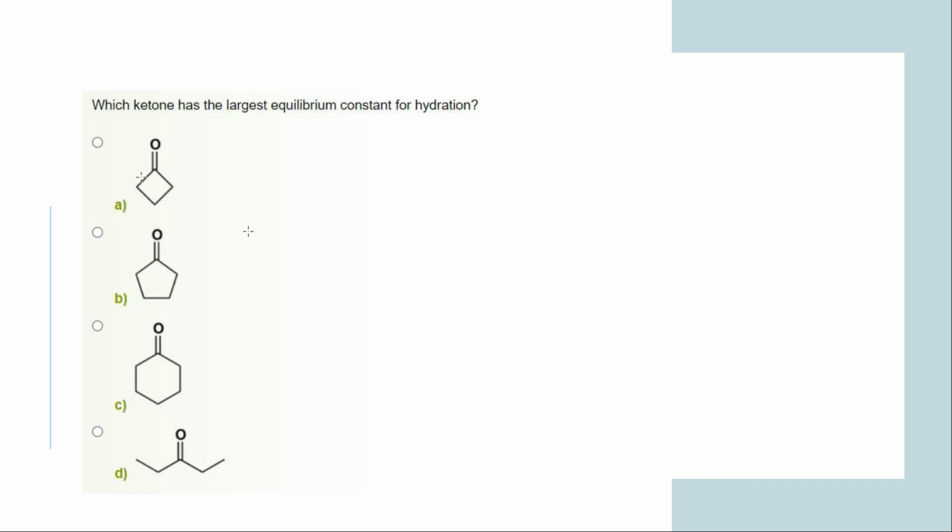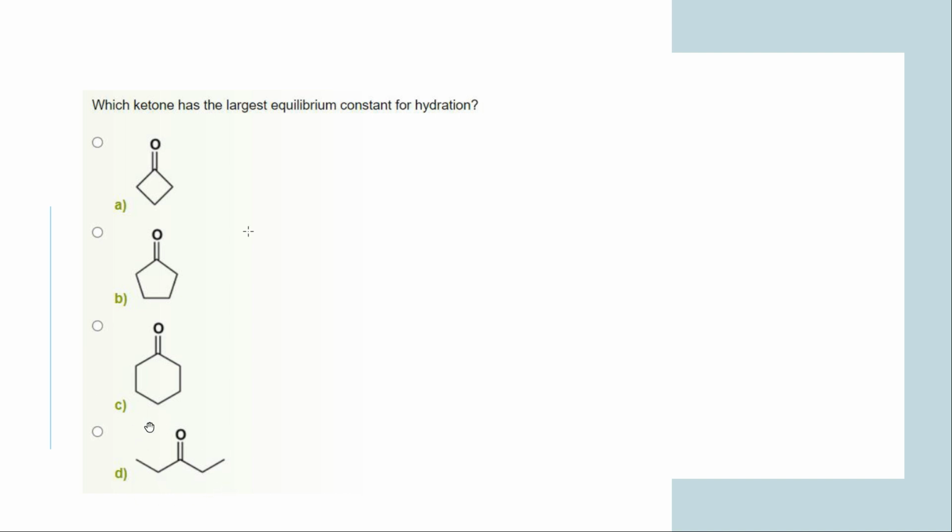Thereby, when these three cyclic compounds undergo hydration, upon changing this carbon from sp2 into sp3 hybridization, angle strain will be released in the rings. And this one is already acyclic, so this substrate is definitely more stable as compared to these three. So you can directly eliminate this option.